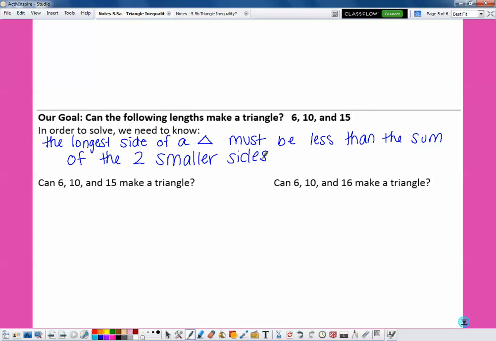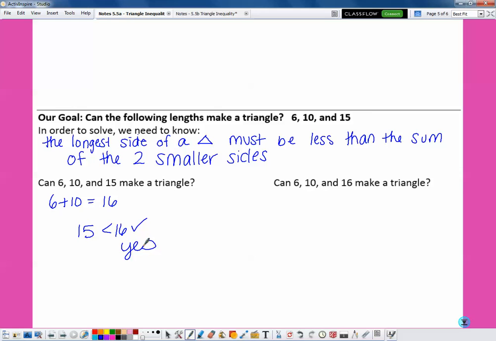So, can 6, 10, and 15 make a triangle? Well, 6 plus 10 is 16, and 15 is less than 16, so yes, it can make a triangle.